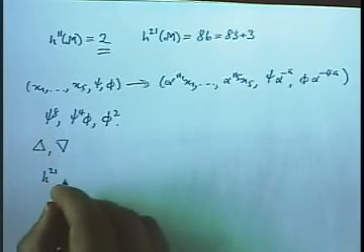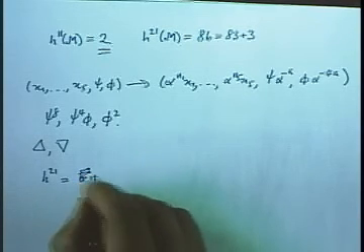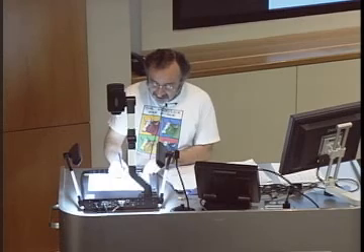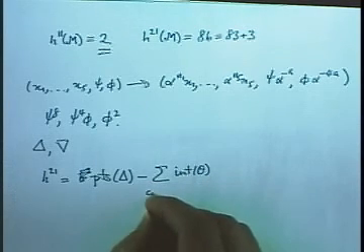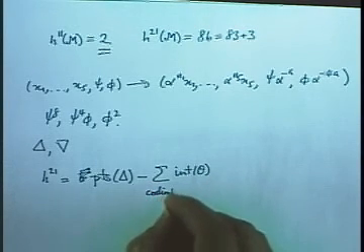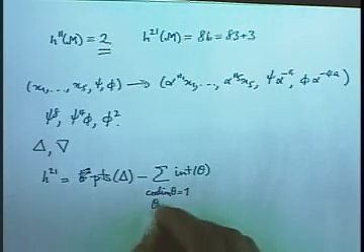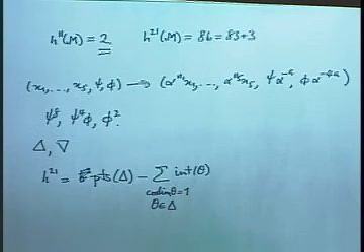So H21, for example, is the number of points of delta, the number of lattice points, minus, you look at the codimension 1 faces of delta, and you subtract off the number of points in the interior of the codimension 1 faces.